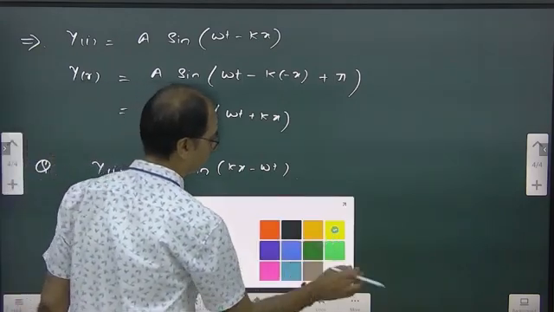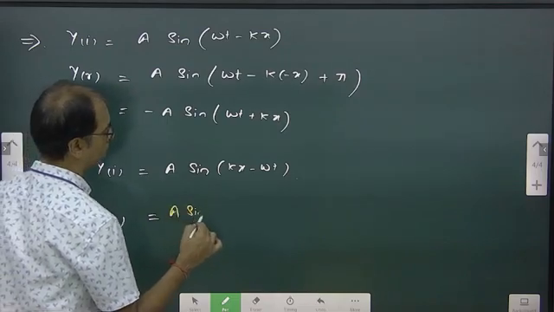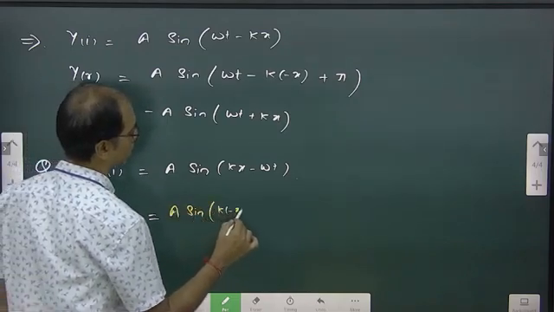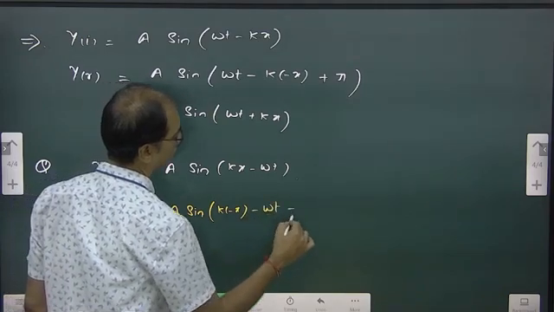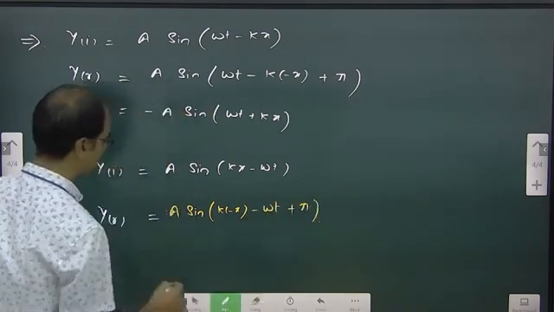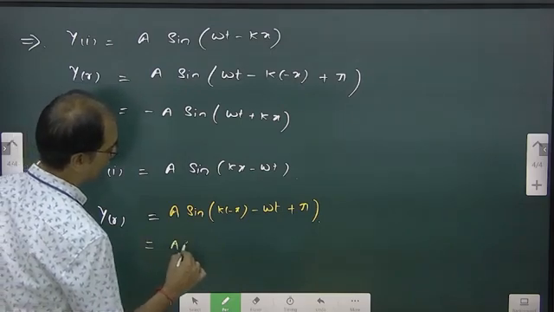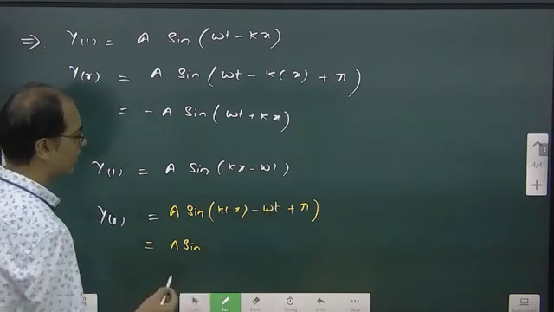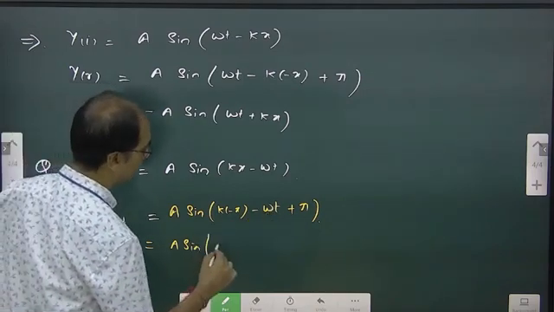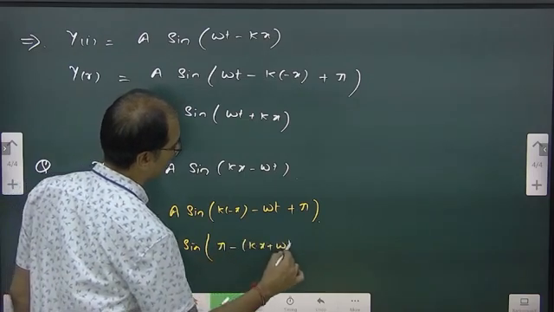What's coming? A sin(k into minus x minus omega t plus pi). So what are we getting? A sin, now pi plus something, or pi minus something actually: A sin(pi minus kx plus omega t).